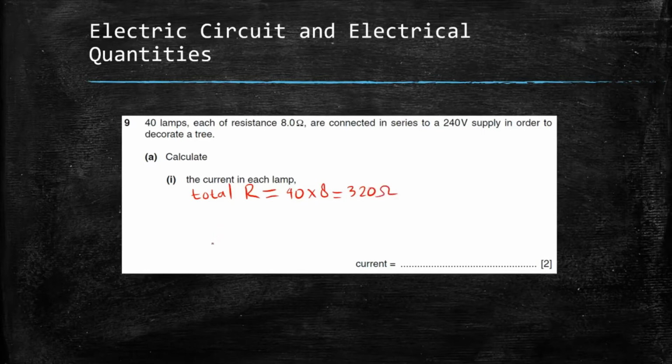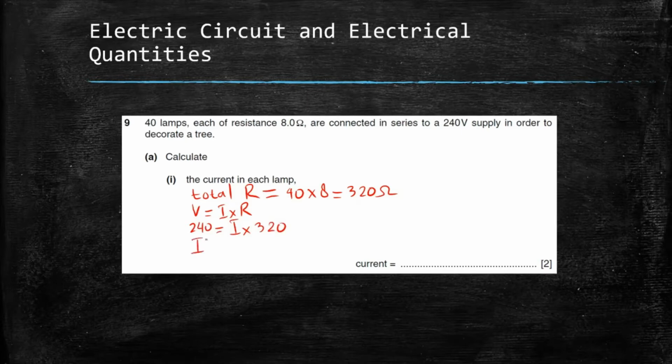When resistors are connected in series, the current inside each resistor equals the total current inside the circuit. Use the equation V equals I times R. So 240 equals I times 320.